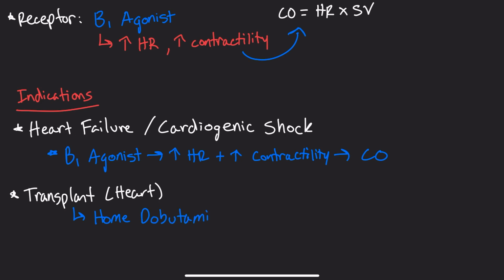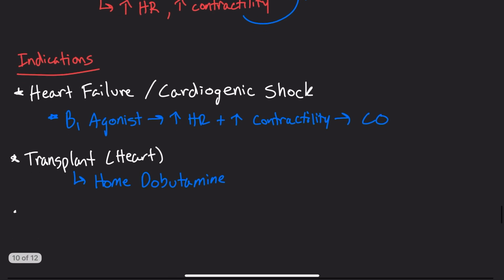Sorry, I should have clarified, it's a heart transplant. You could also see this sometimes used in sepsis, if signs of hypoperfusion are still persisting, maybe even after you've corrected the blood pressure with vasopressors as well. So those are your most common indications.